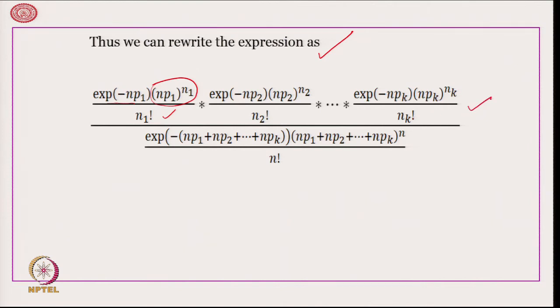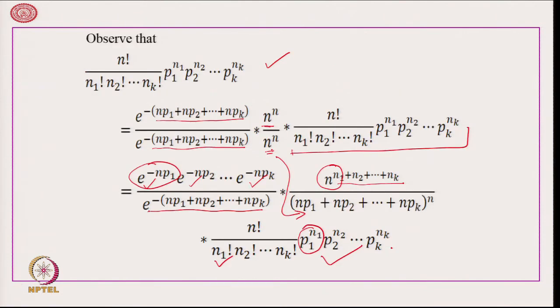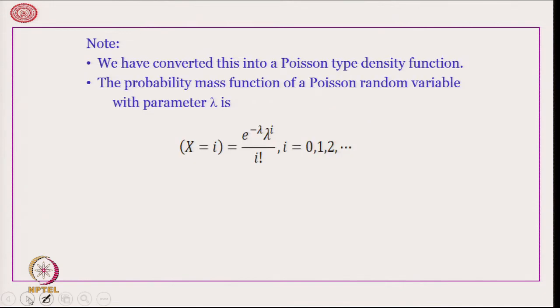This whole thing is divided by e to the power minus (np1 plus np2 plus npk) multiplied by (np1 plus np2 plus npk) whole to the power n. This is in the denominator, divided by n factorial. This comes from here.